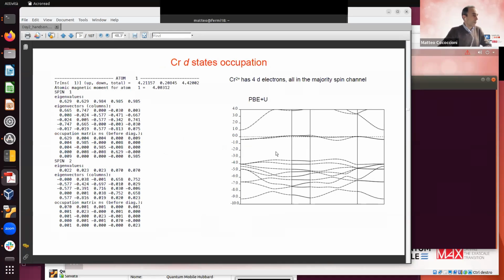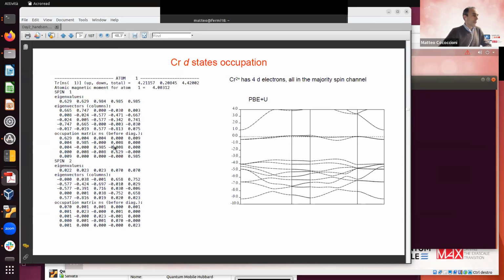Yeah, exactly. How is this realized in the output? So this is the output of our calculations. And you see these are the occupation matrices for atom 1, which is a chromium, and it is for an atom that has a positive magnetization. So we have spin 1 mostly occupied, with 3 plus a half and a half, basically, or slightly more electrons, so 4 electrons, and almost completely empty states for the opposite spin channel.